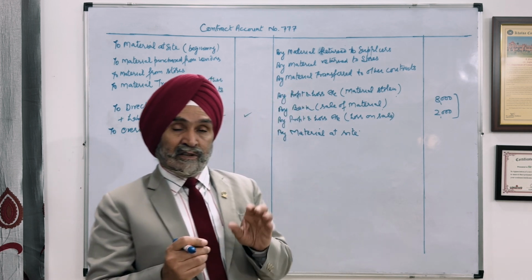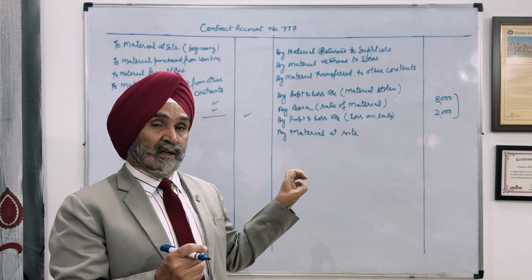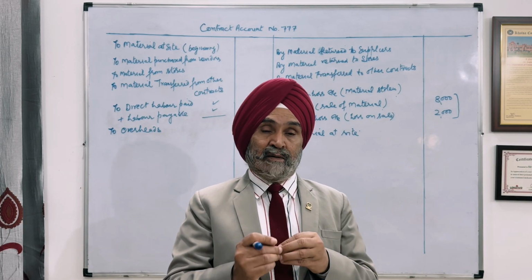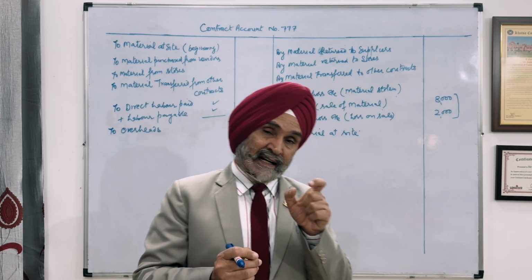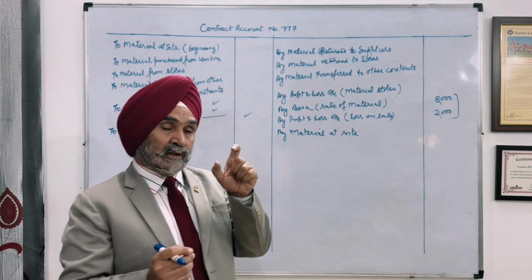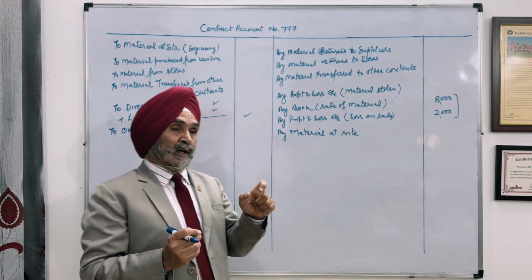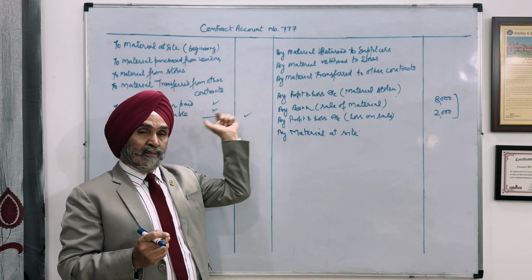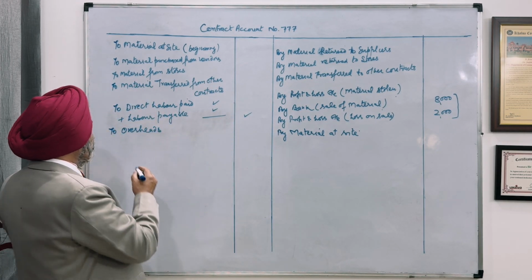The salary of the supervisor who is supervising this contract, a portion of that may be debited. So indirect expenses are the proportion of expenses linked to this particular contract that may be debited.